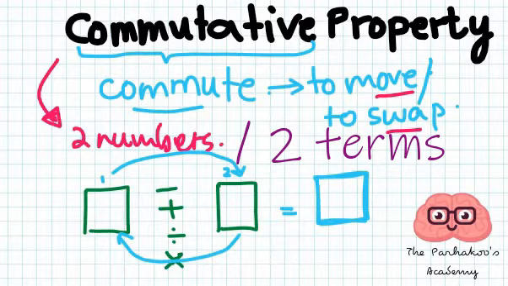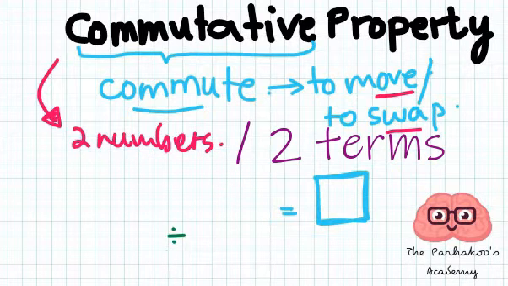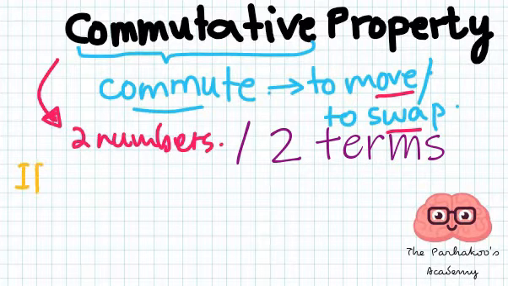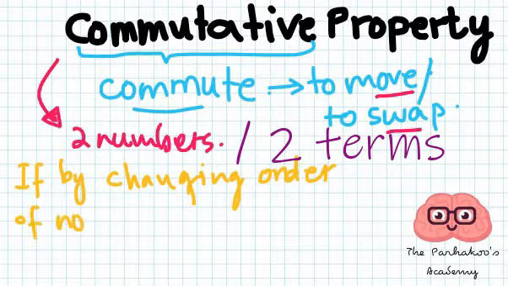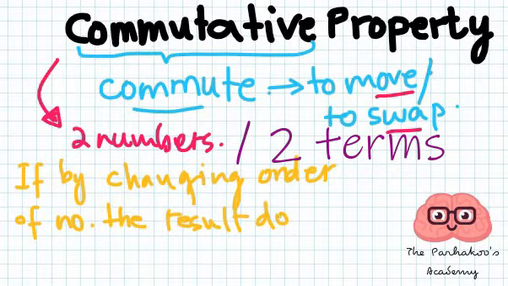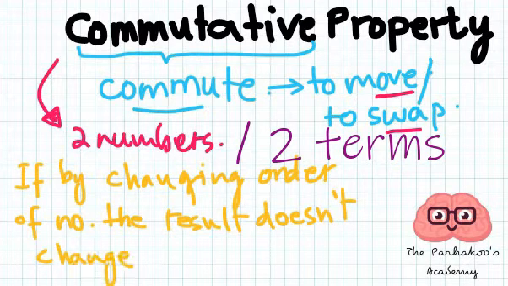So commutative property has to do with the order of numbers. Generically, if by changing the order of numbers the result doesn't change, then you can say that commutative property is valid.